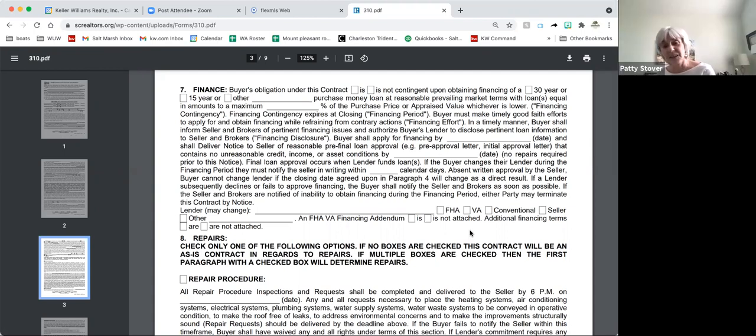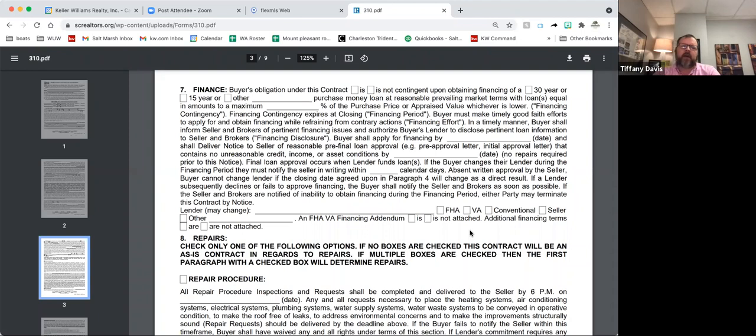Some of those fees are like $750, that's a lot of money for people, and it can be a lot higher, 800, 900. So you definitely want to find those out. It's a good thing to bring up. If you've got FHA and VA and a situation with an HOA, you want to find out if the buyer is even allowed to pay it, if that becomes part of the negotiation.